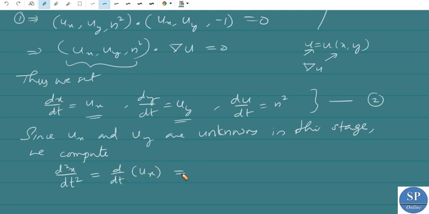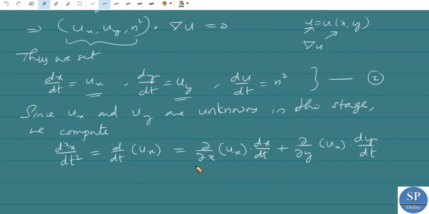We can write this as dou by dou x of ux into dx by dt, plus, because ux is a function of x and y, dou by dou y of ux, differentiating with respect to y, into dy by dt.